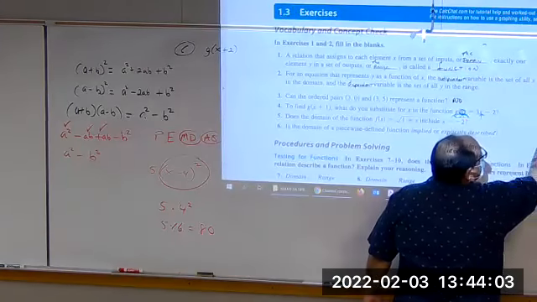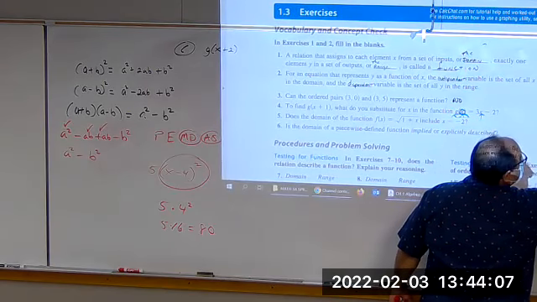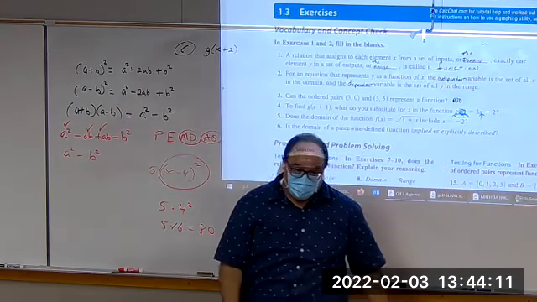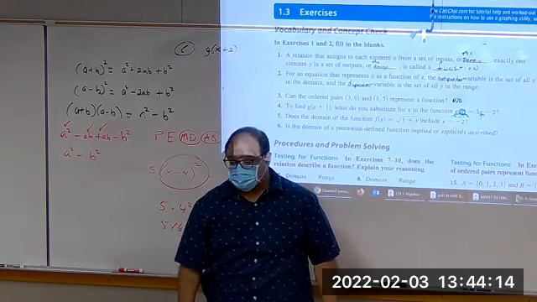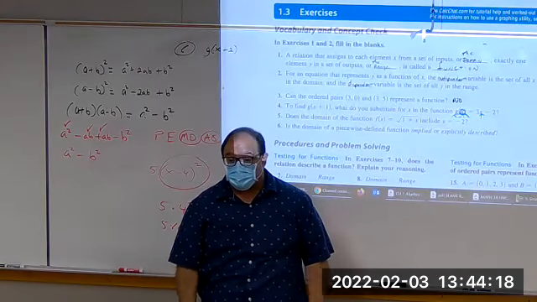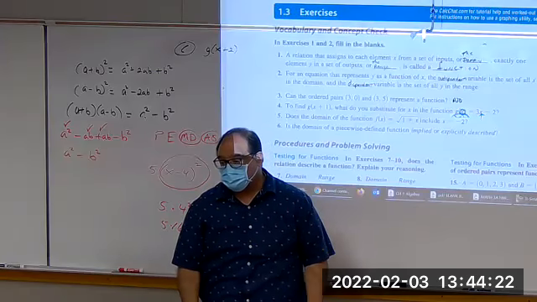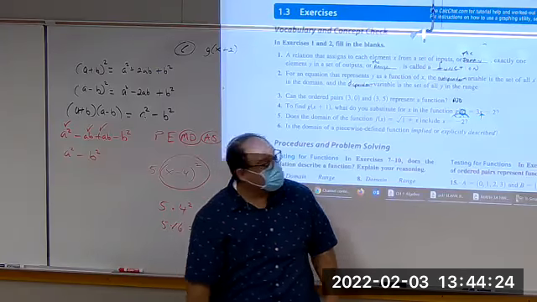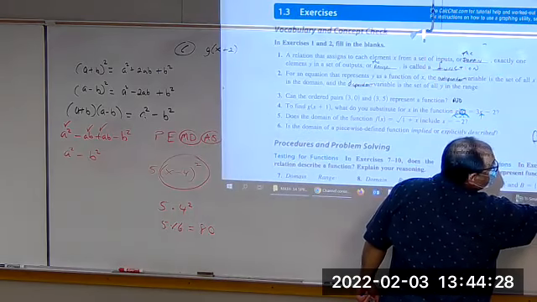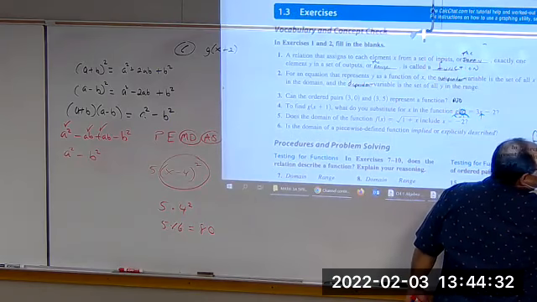If f of x is equal to 1 over (x minus 3), now you have a problem. You've got x in the denominator. What would cause that denominator to equal 0? What value of x can you not use? 3. If you plug in 3, f of 3 would be 1 over 3 minus 3, and that's 1 over 0, undefined.